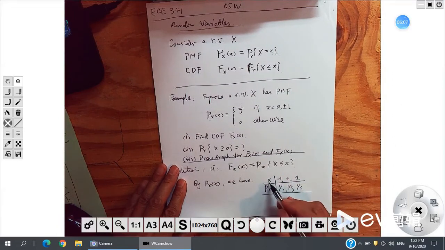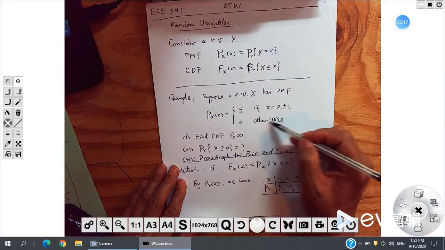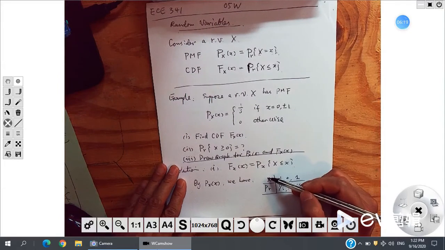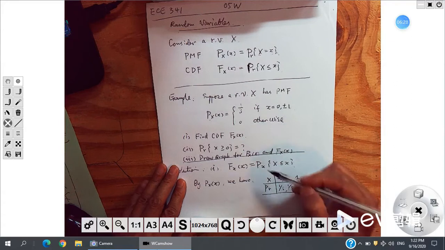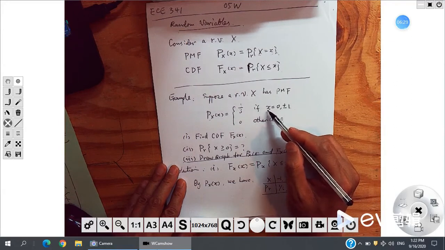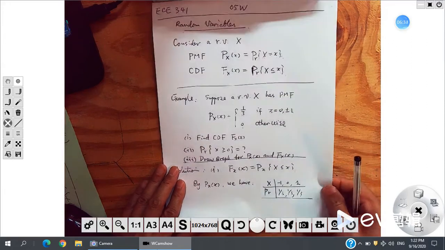Here I just suppose X has these three numbers as its possible values, and each has probability 1/3. For all other values of x, like -10 or +5, the probability is 0.